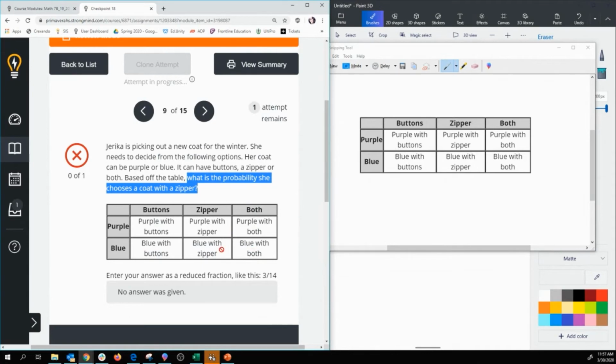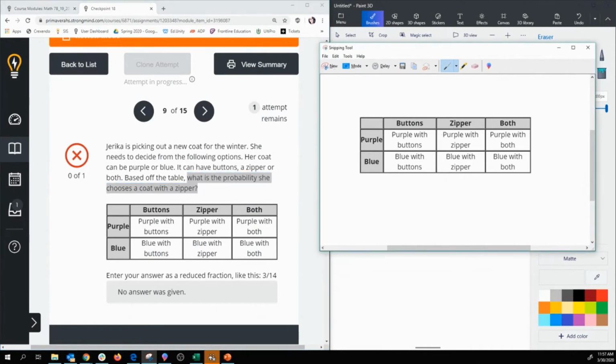So obviously these two right here, purple with zipper and blue with zipper, both say zipper, so those work. If she has a jacket with both, it has a button and a zipper. So it's like double closures, right? She has buttons and zippers on this last one.